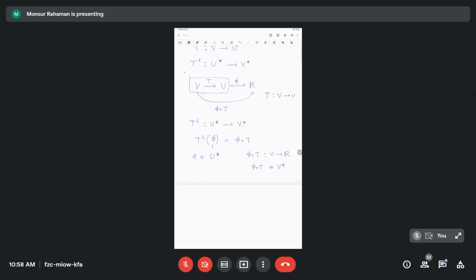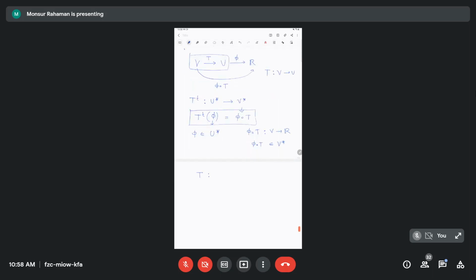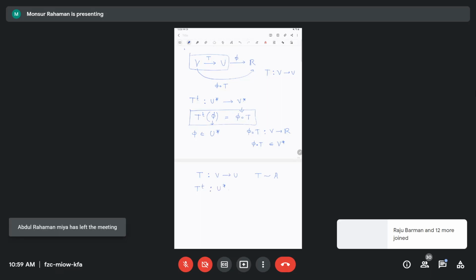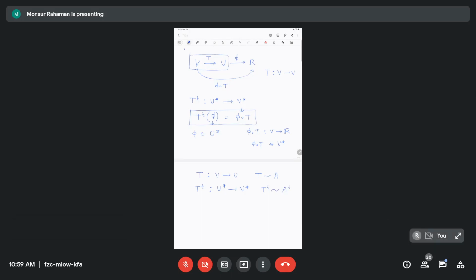So you are taking an element of U star and sending it to V star. In this way, the transpose is defined. Okay. So if T is a linear transformation from V to U, and for some basis T is similar to a matrix A, then this T transpose from U star to V star will be similar to the A transpose. Okay.